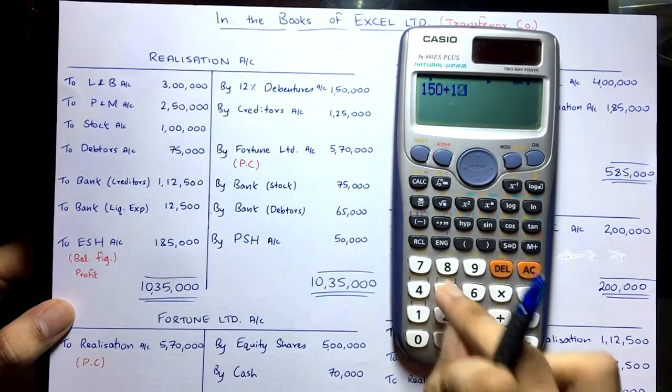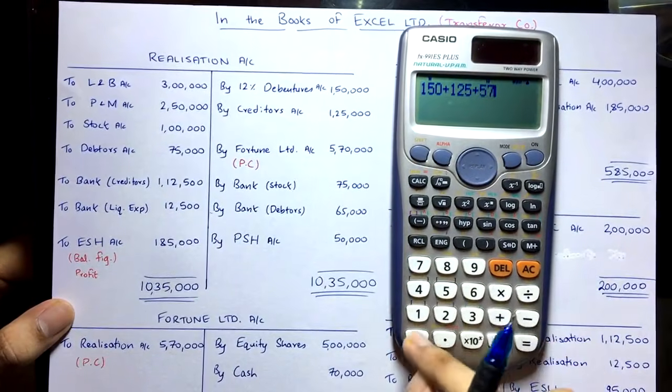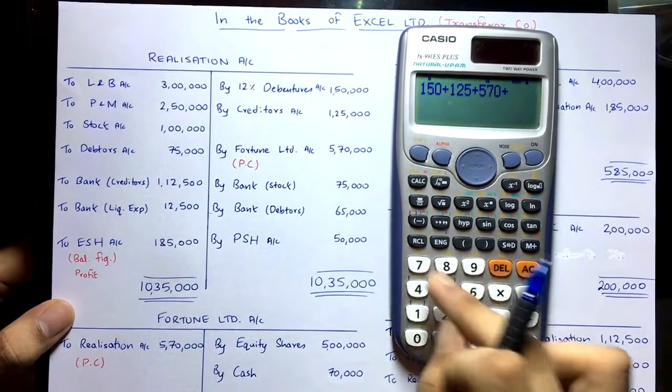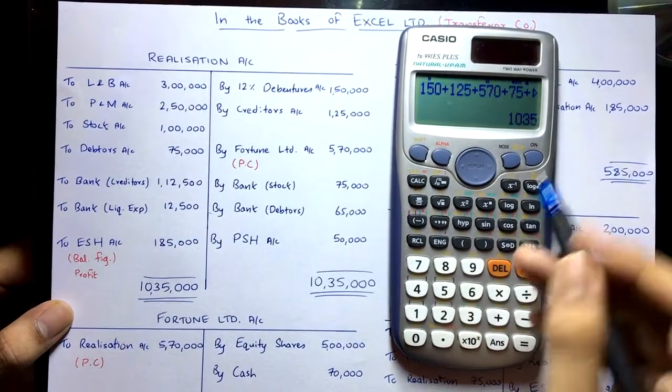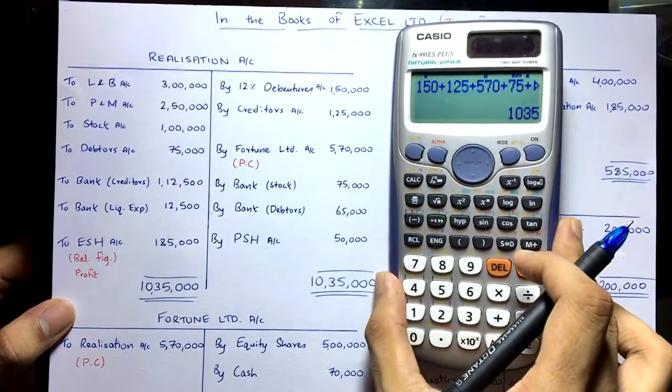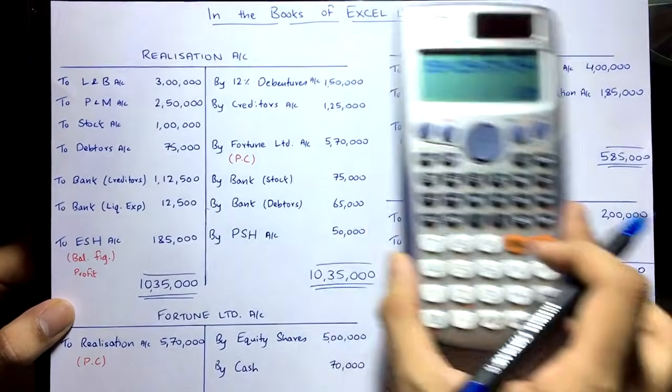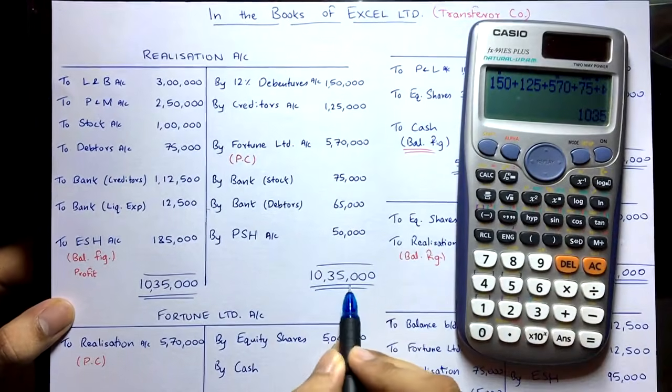150 plus 125 plus 570 plus 75 plus 65 plus 50, that comes out to be 1035, that is 10,35,000.